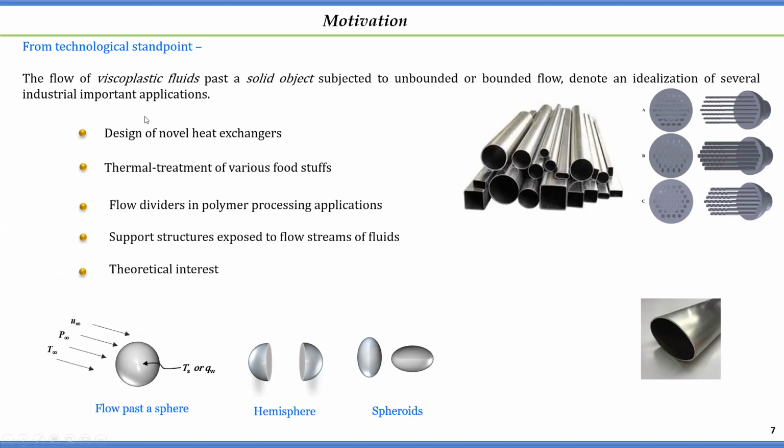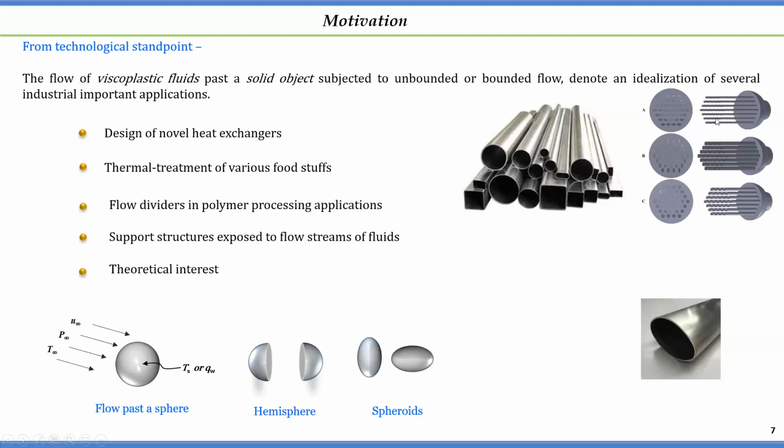So when we are talking about all these applications, we can always idealize the structure by considering ideal shapes: sphere, hemisphere, spheroids, which can be suspended in the fluid media. And when we are talking about the flow of fluid past tube bundle heat exchangers, then they are very long structures in the flow path.